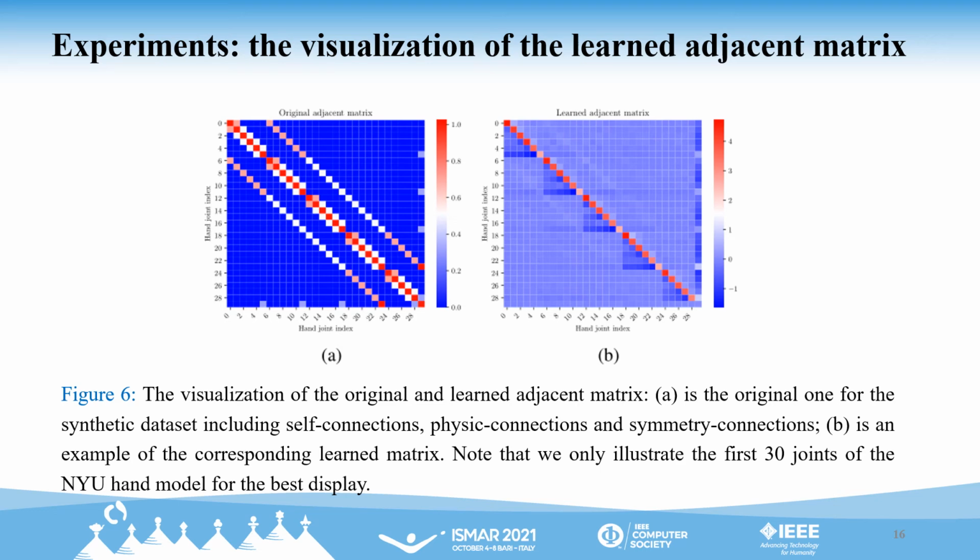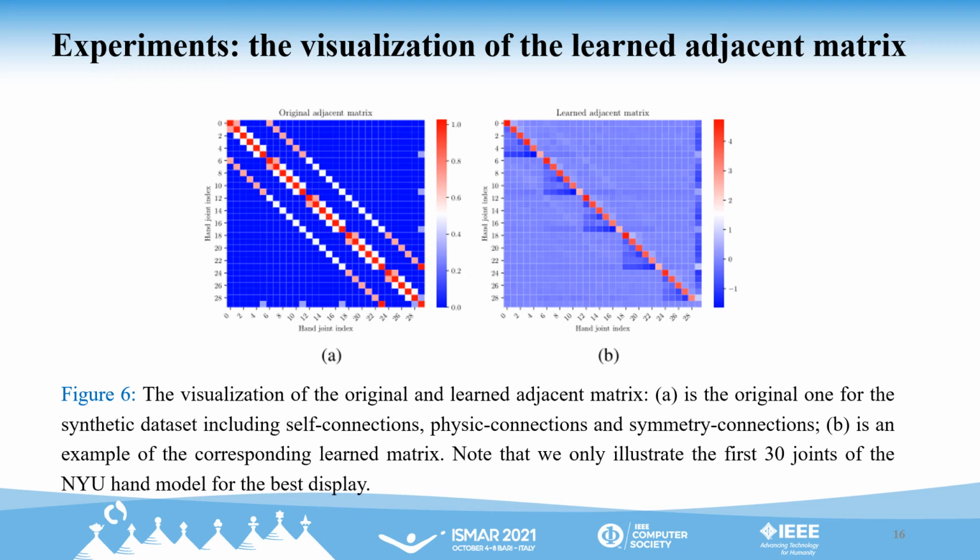In Figure 6, a learned adjacency matrix heat map and its original normalized adjacency matrix are shown, where the color scale of each element in the matrix represents the strength of the connection. A is the original one for the synthesis dataset, including self-connections, physical connections, and symmetric connections.